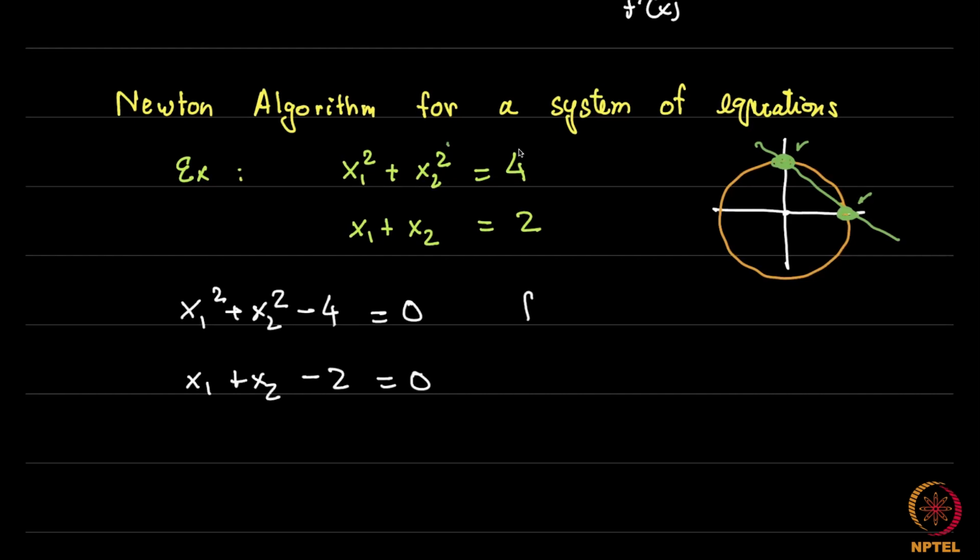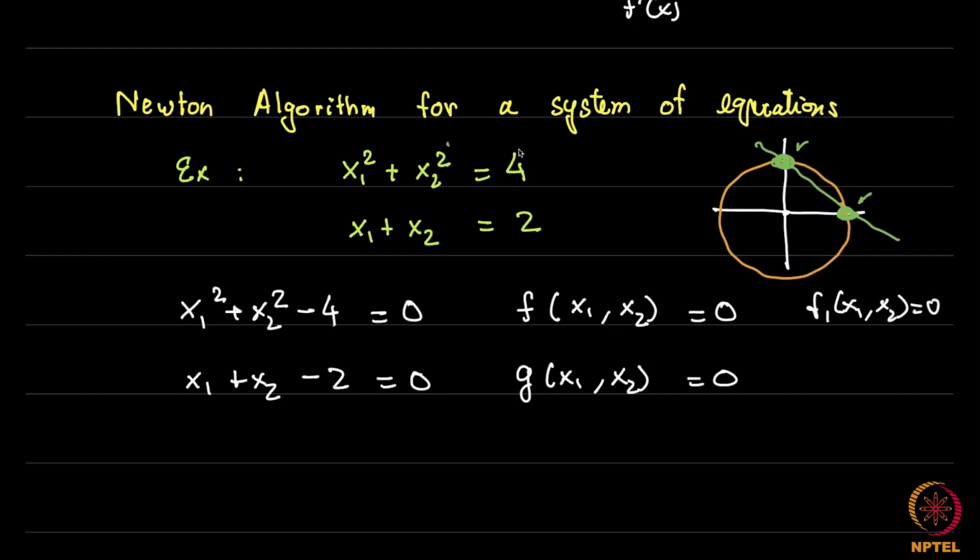I will call this f of x1, x2 equal to 0, and we can call this g of x1, x2 equal to 0. Another option is to call this f1 of x1, x2 equal to 0 and call this f2 of x1, x2 equal to 0. So let's make this choice. f and g if required, but I'll typically use f1 and f2.